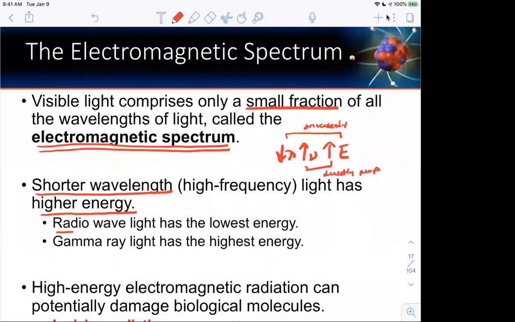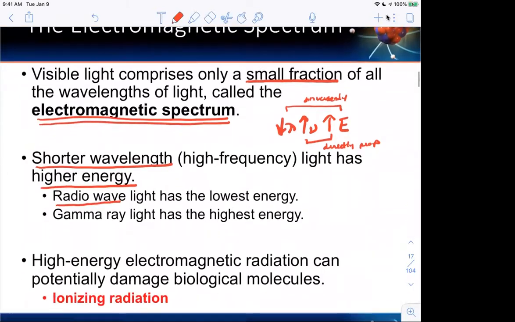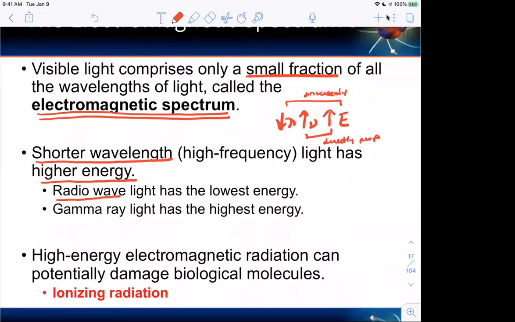Radio wave light has the lowest frequency. Those are the frequencies that, if you tune into AM or FM, carry that radio signal: really low energy, very long wavelength waves. High energy electromagnetic radiation is indicated by gamma rays.